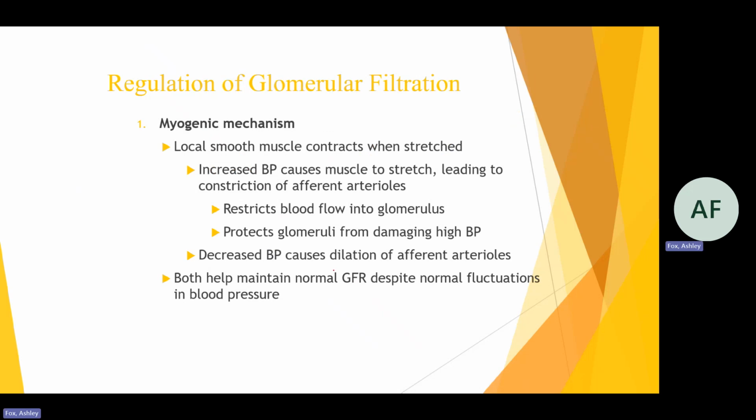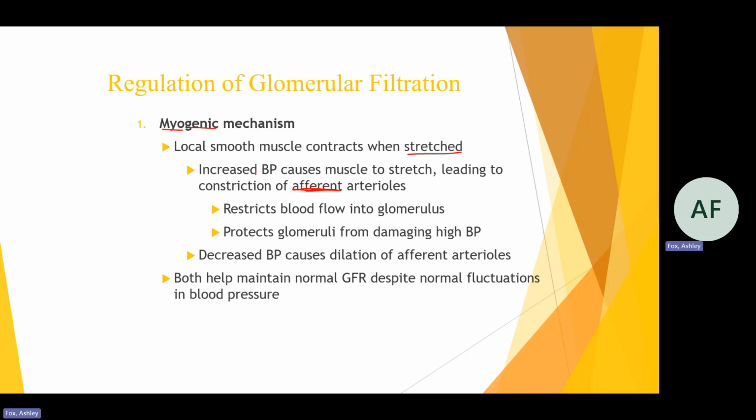First is myogenic. Genic means forming or making, and myo means muscle, so this is because of smooth muscle. This is going to be in the afferent arteriole, the entrance part. We can control blood flow based on stretch.